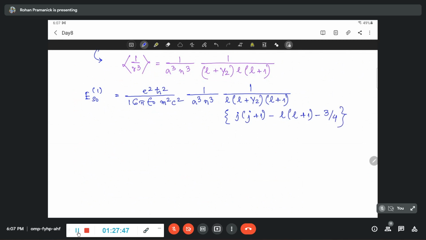Now, as the calculation was not done explicitly, if you do this addition of angular momentum correctly, you will find that this small j value can range from L plus half down to mod L minus half for s equals half. So this is the same angular momentum addition algebra that Seth showed you while adding two spins.